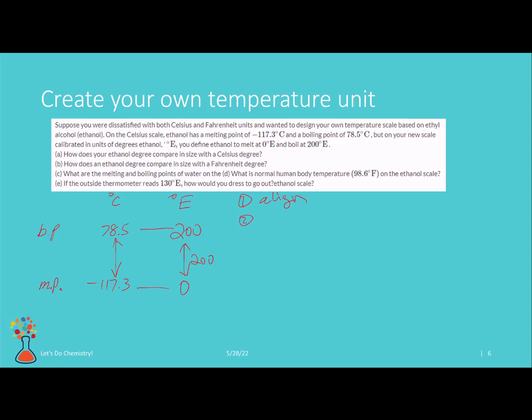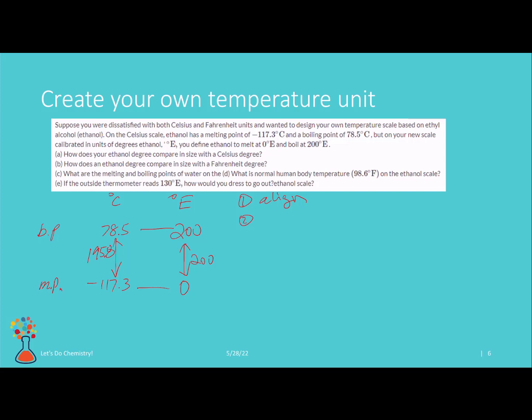I think 190 something. Let me do this very quickly. 78.5 minus this minus is plus 117.3. That's equal 195.8.